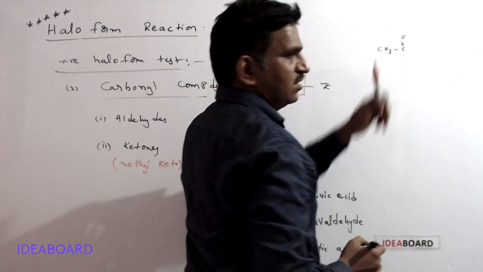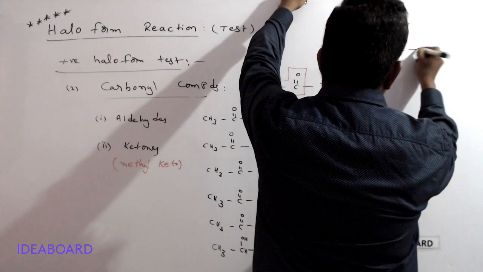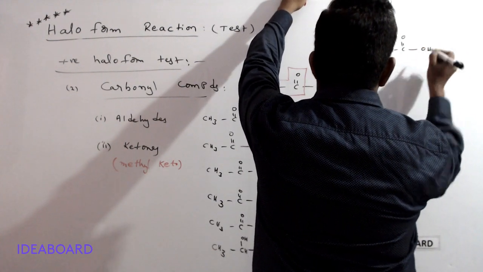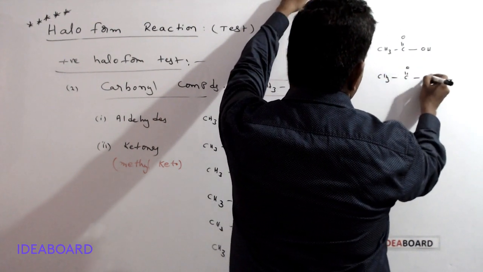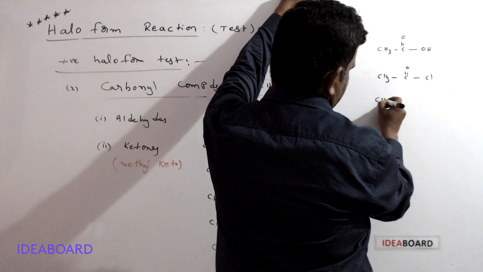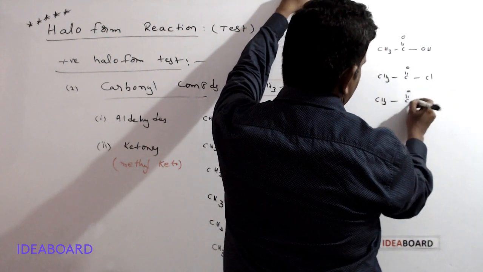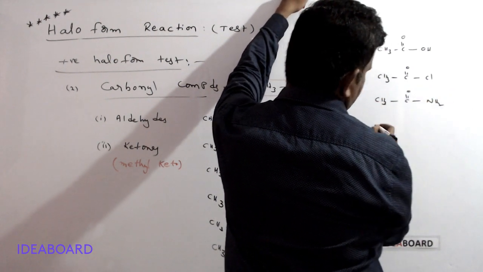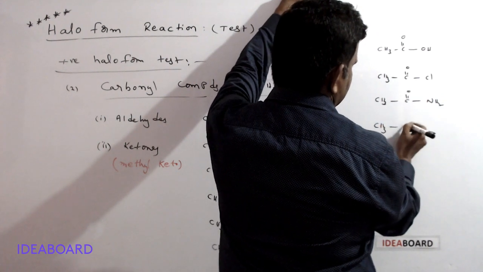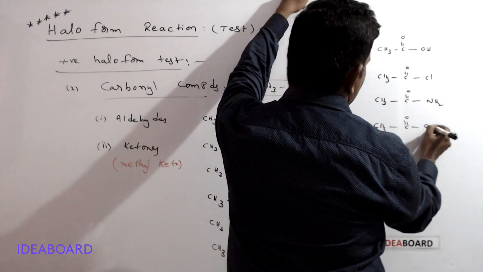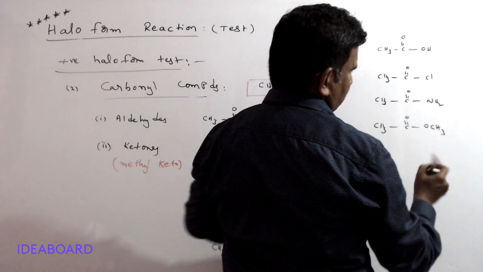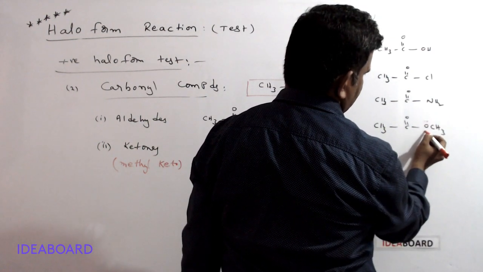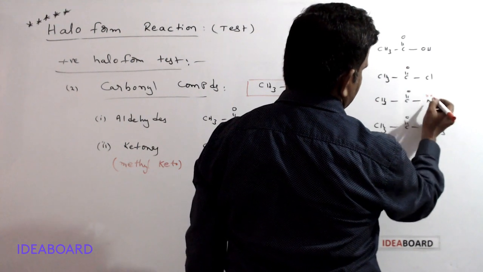It is looking like a methyl keto group containing compound, but if you have an OH group, or CH3COCl, or CH3CONH2 group, CH3COOCH3 group. Okay, why don't they give it, what type of groups are these?